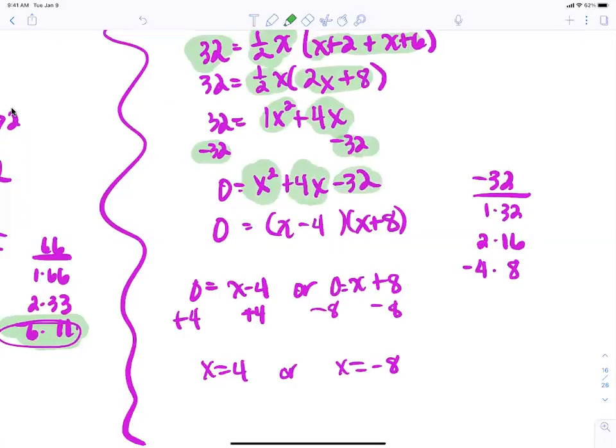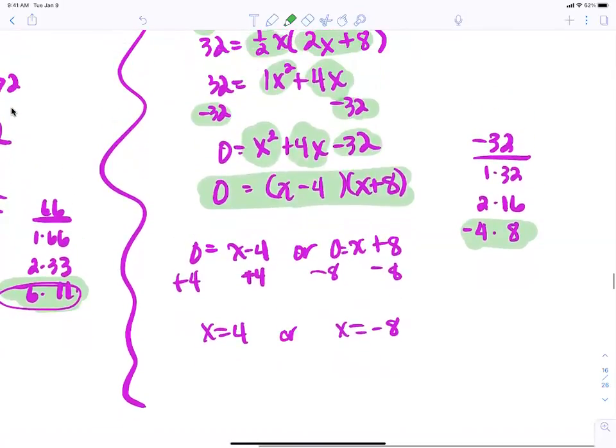The only options that ended up working are 4 and 8. And to get a negative 32, one of those has to be negative. So in order to get a positive 4, it has to be the 4 that's negative. So all we did is plug those in, and we go ahead and solve. You should have got x equals 4 or x equals negative 8.